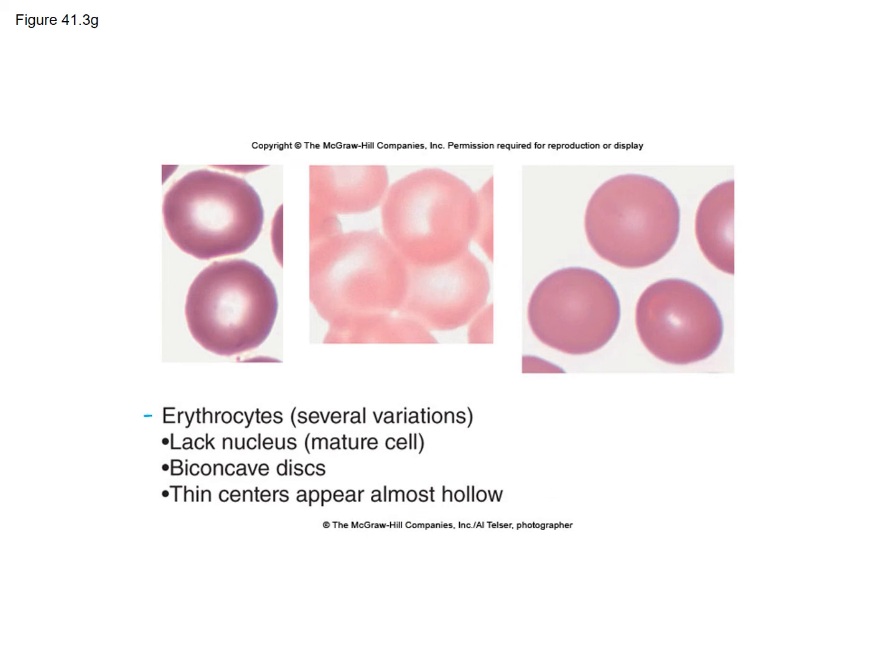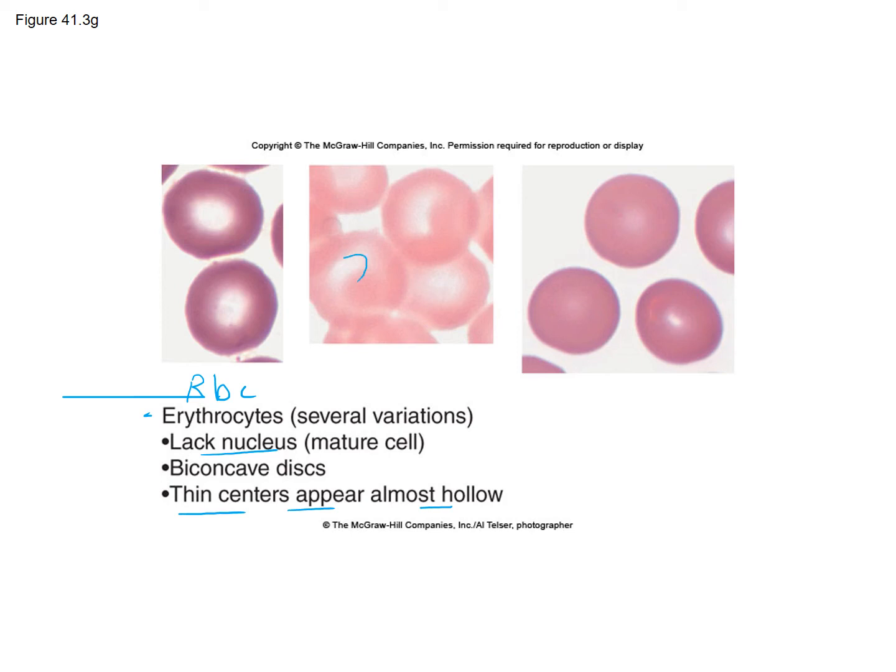Now the erythrocyte, or the red blood cell, actually lacks a nucleus. There is no nucleus inside the mature cell, of course, and the cell itself looks like a biconcave disc, with thin centers that appear almost hollow.